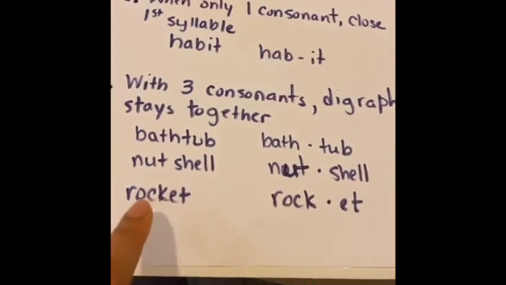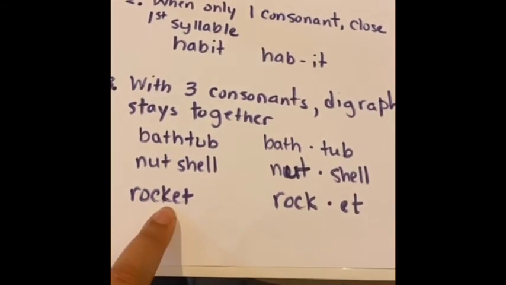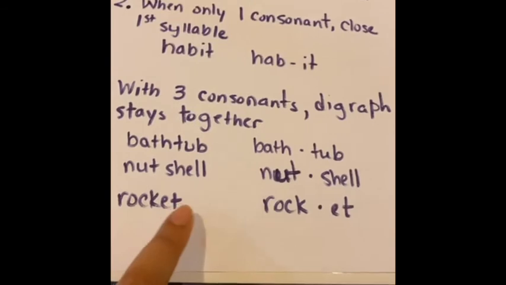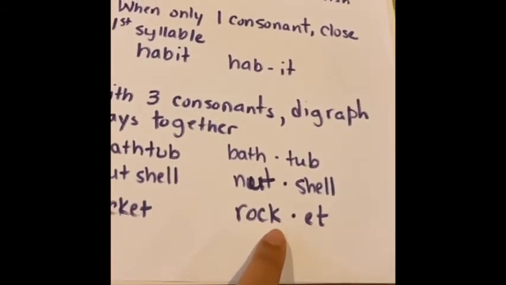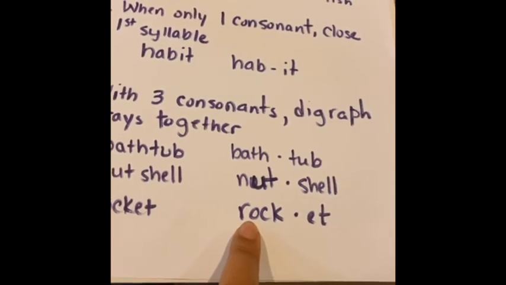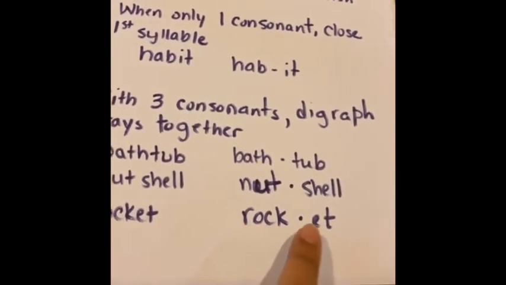For rocket, in between my vowels, I have a consonant digraph, so I'm going to close in my first syllable, rock, and then my second syllable is et, rocket.